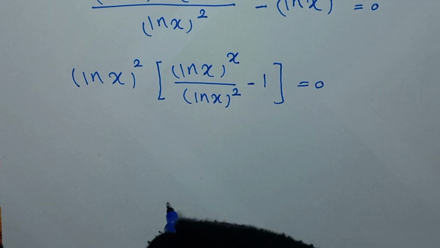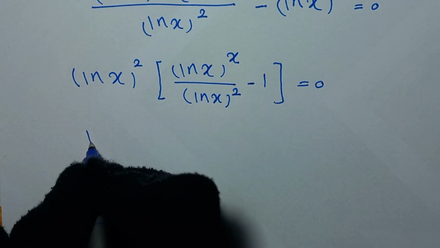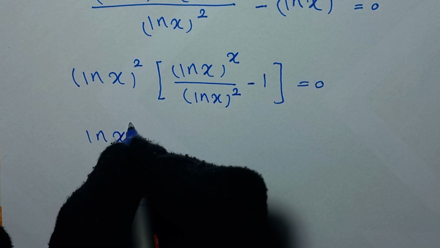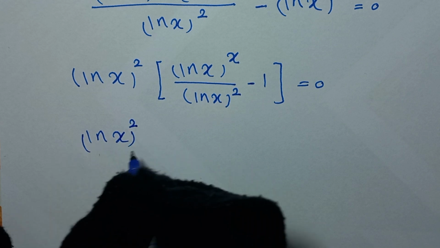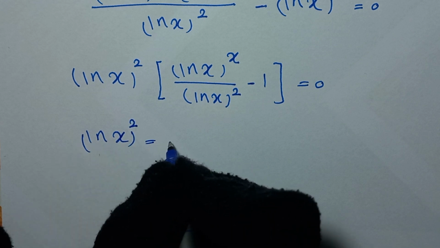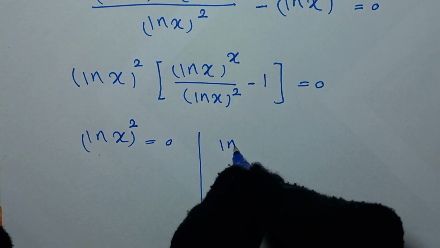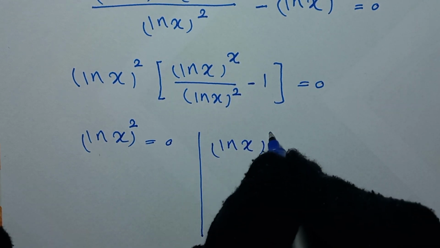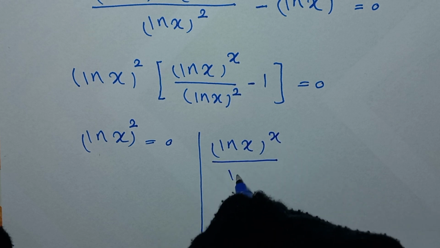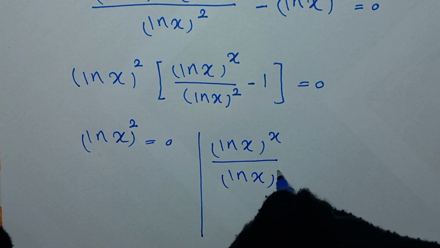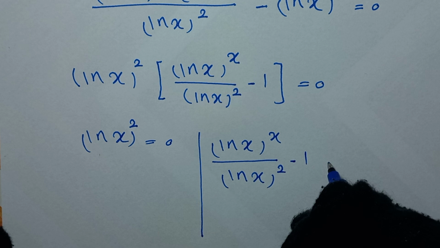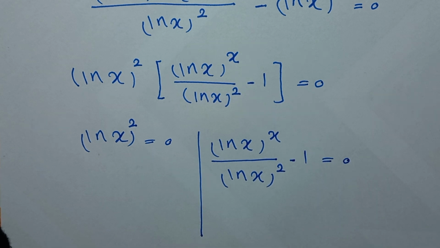And here we have two solutions: (ln x)^2 is equal to 0, or (ln x)^x over (ln x)^2 minus 1 is equal to 0.